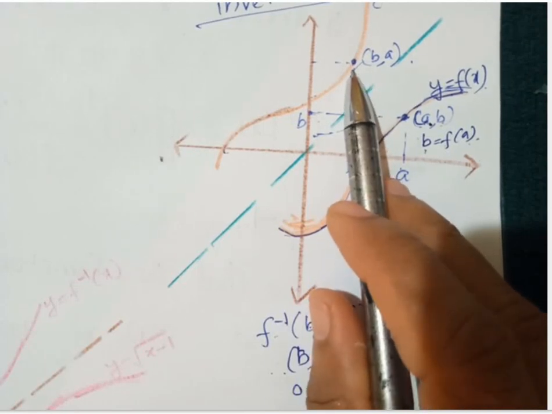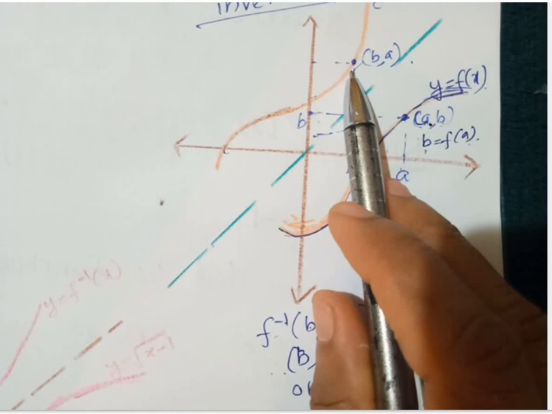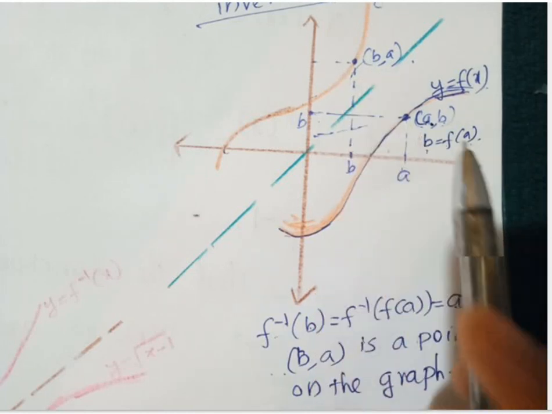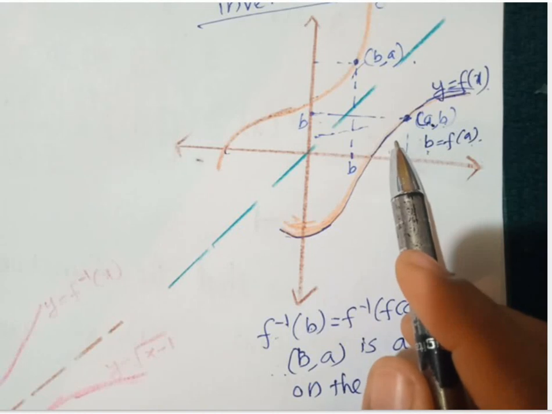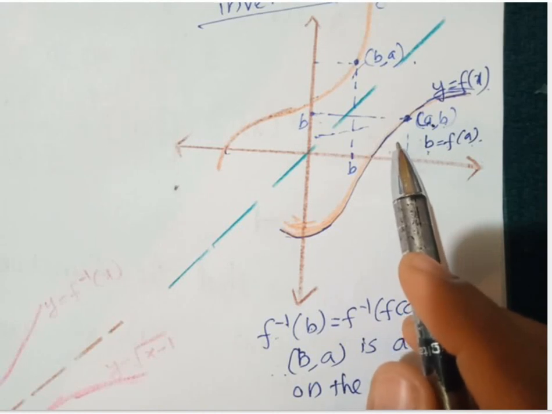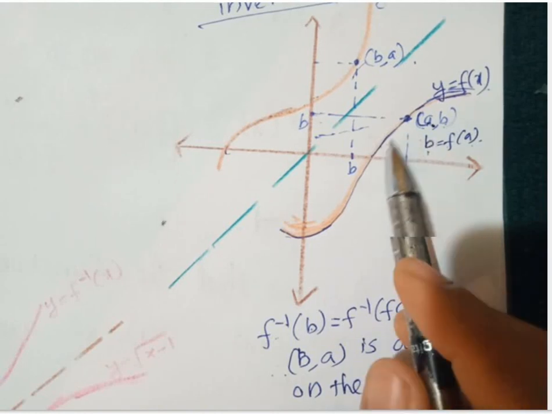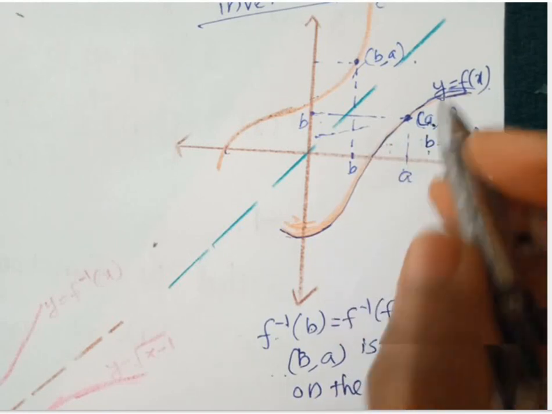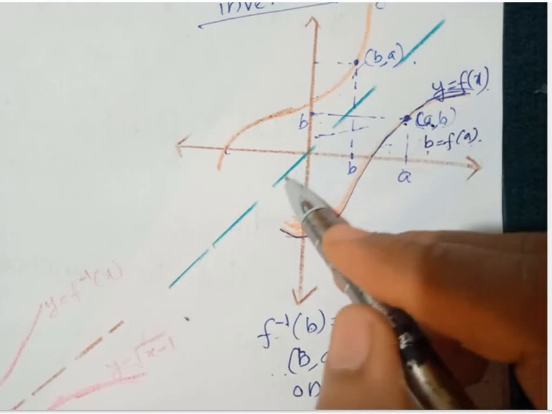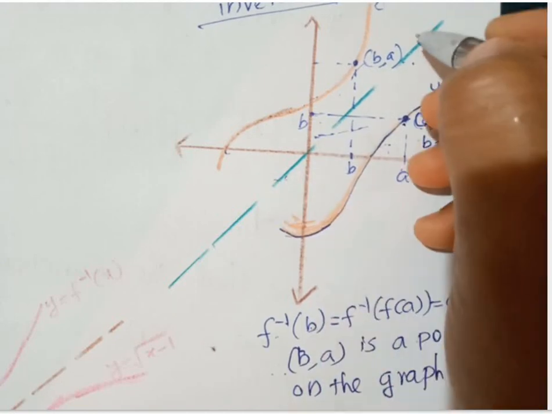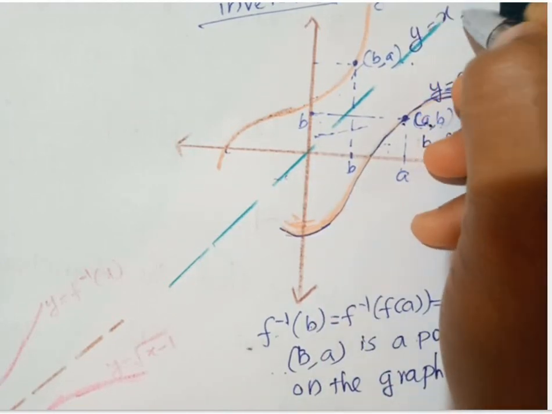Similarly, if (b, a) is a point on the graph f inverse, then (a, b) must be on the graph of f. So from this figure, you can see that this (a, b) is a reflection of (b, a) through y equal to x. This is the y equal to x line.